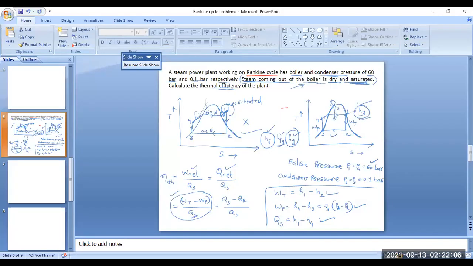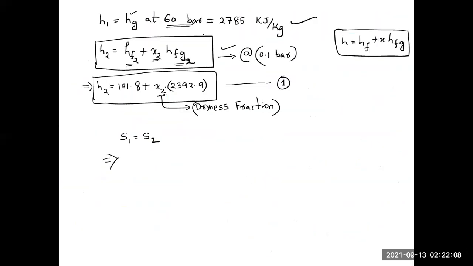So this thing we will write down. So s1 equal to sg at 60 bar. That implies s1 how much we got? 5.890 kilojoules per kg.